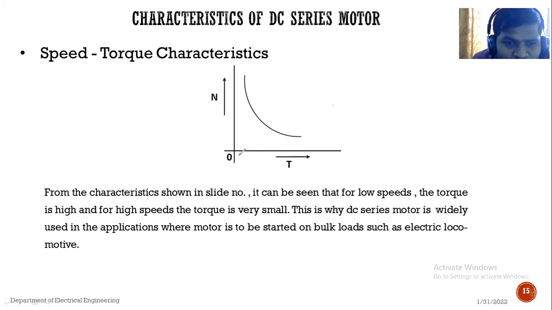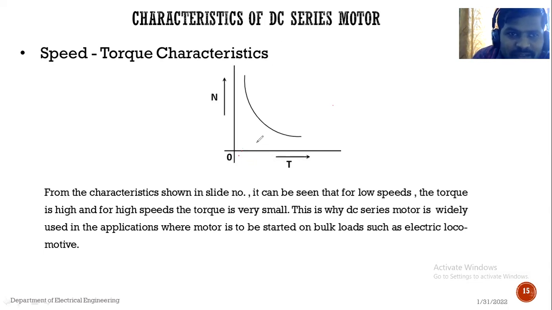At a minimum load condition, what is the value of torque? Minimum or maximum? Minimum. Okay, so at a minimum torque the speed of the motor will be maximum.